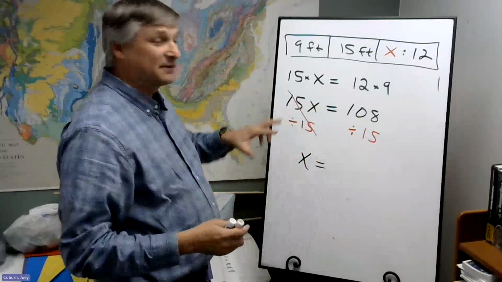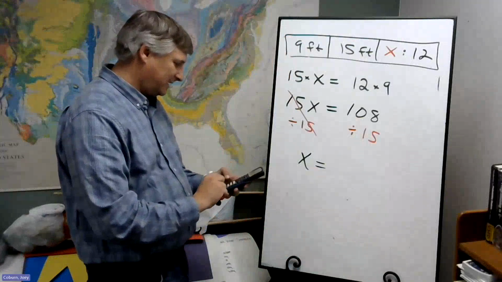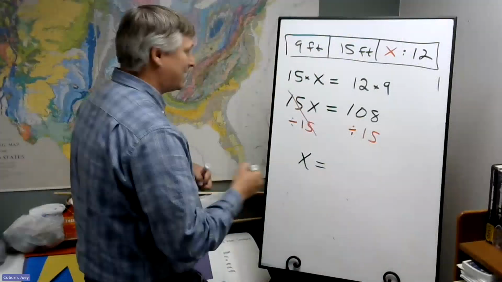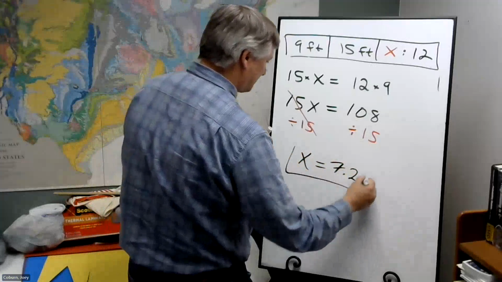And since they're opposites, they cancel each other. And divide 108 by 15, we get x equals 7.2.